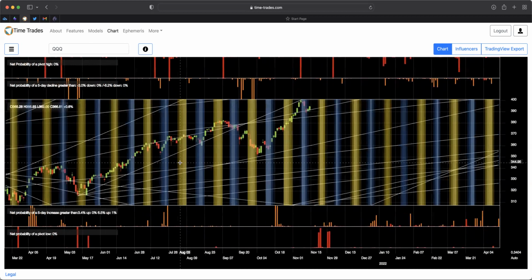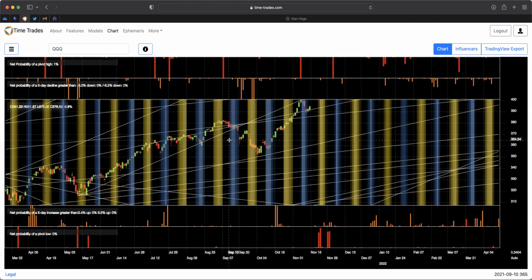So as we scroll through this, we can see the last pivot high is back on May 12th. So the machine learning is using that as basically a declared pivot low, and it's associating the astrology at that time with pivot lows.